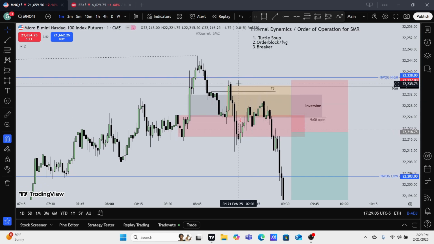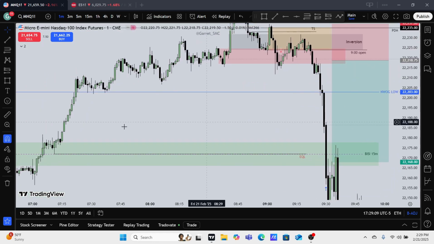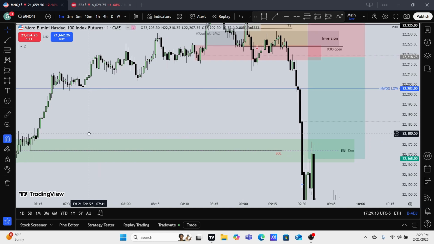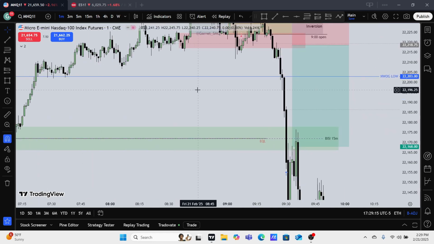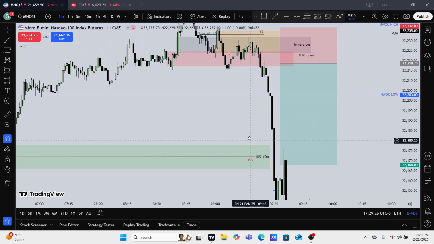So I entered in my stop loss there, and my profit target was these equal lows we have here, which also perfectly align with consequent encroachment of this 15-minute fair value gap we have here in the form of a BISI. So that was my target that I sold at.